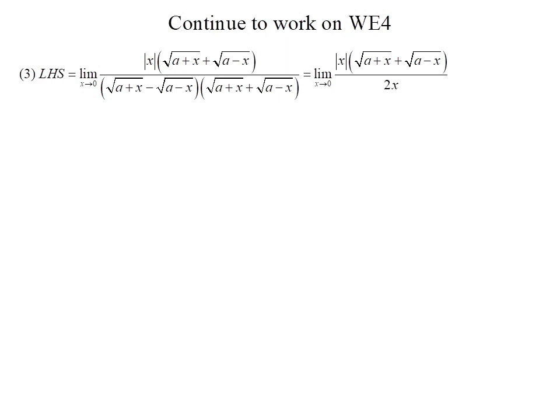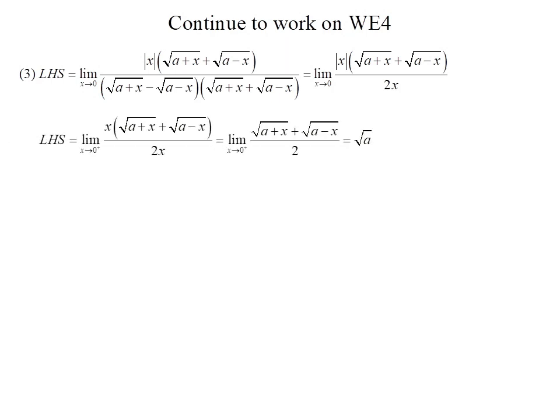After being simplified, the limit equals the limit of the modulus of x times the sum of the square root of a plus x and the square root of a minus x, all over 2x as x approaches 0. Up to this point, since the numerator has a modulus of x, we need to look at the situation of which direction x approaches 0.